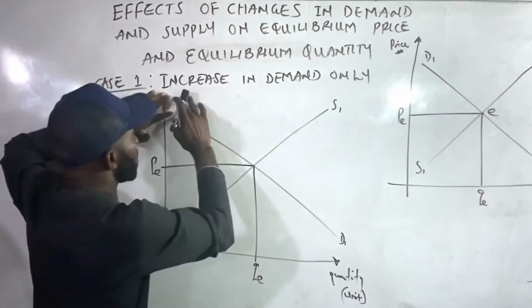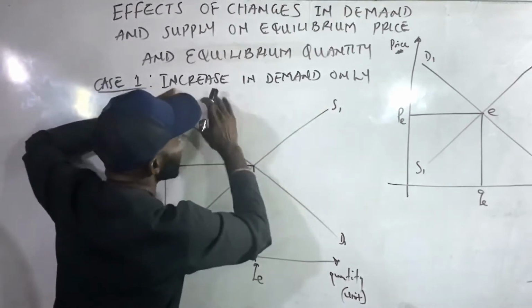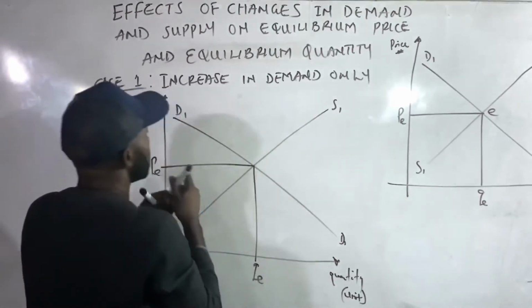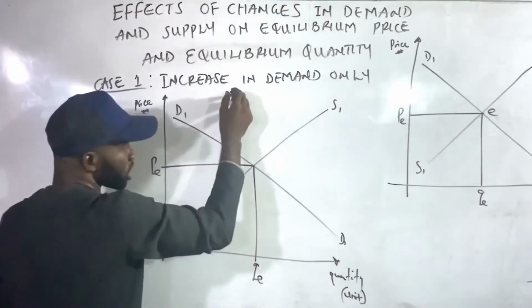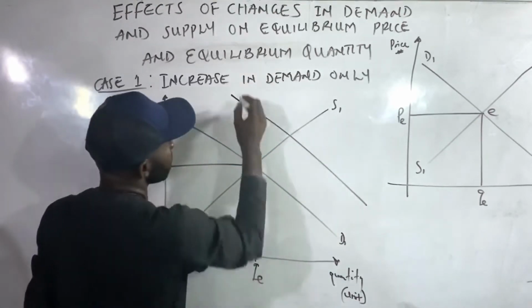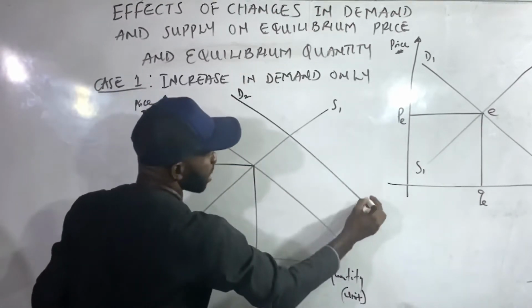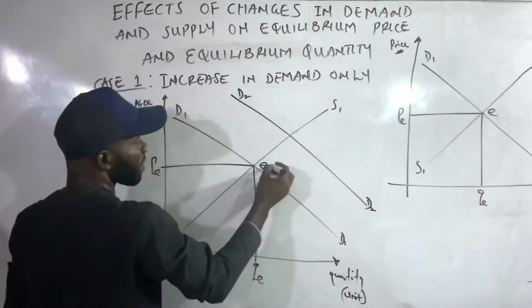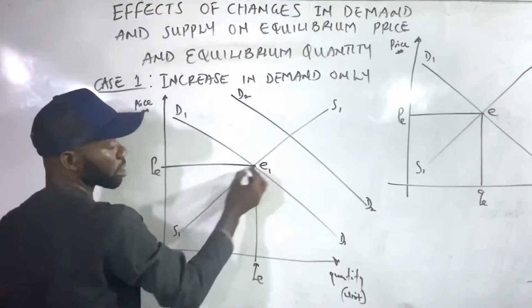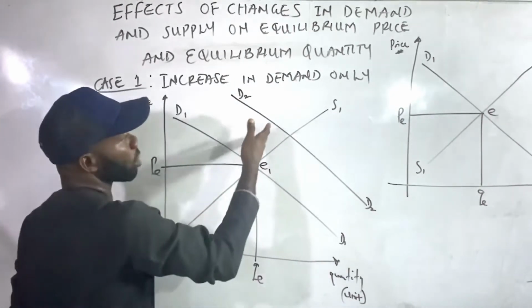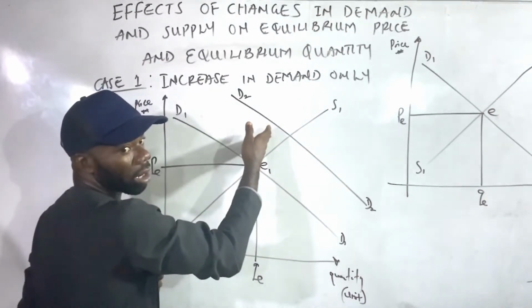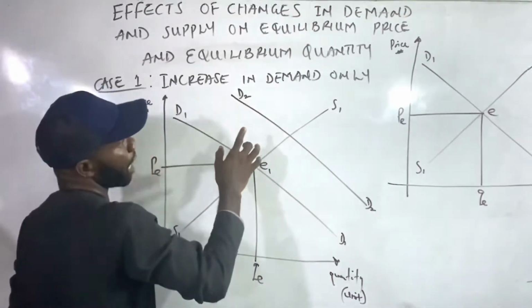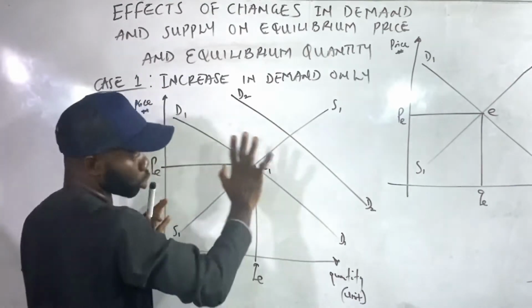Now the examiner is saying, obey the instruction of what? Increasing your demand only. I'm going to do a rightward shift of the demand curve. And that gives us the second demand curve, which is D2. We have an original equilibrium point with a new demand curve and no change in supply.